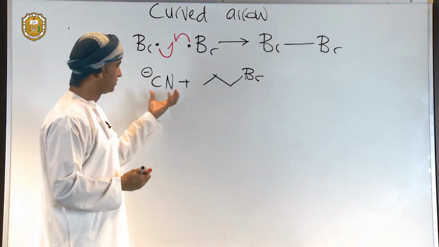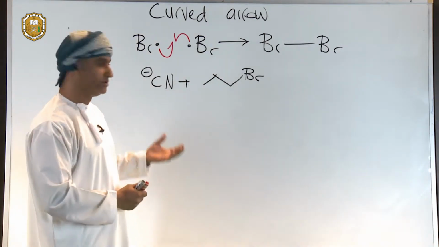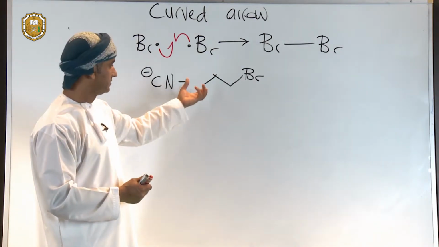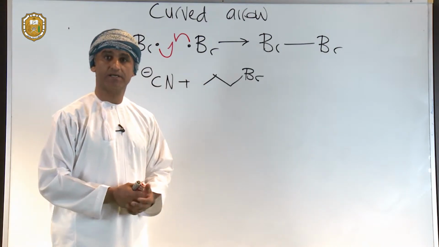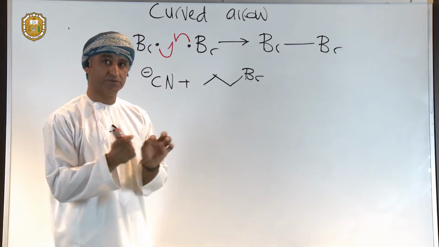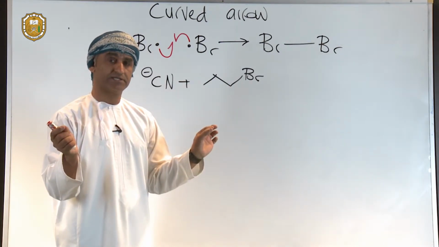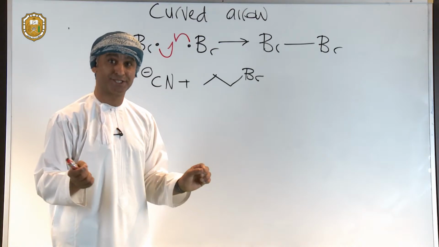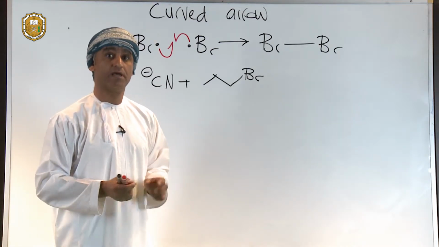So again, these two reactants, the nucleophile, the cyanide ion, interacts with the electrophile, the alkyl halide, at this electrophilic site, as you remember, and that's due to the difference in electronegativity, due to inductive effect, due to inductive withdrawal by the halogen.